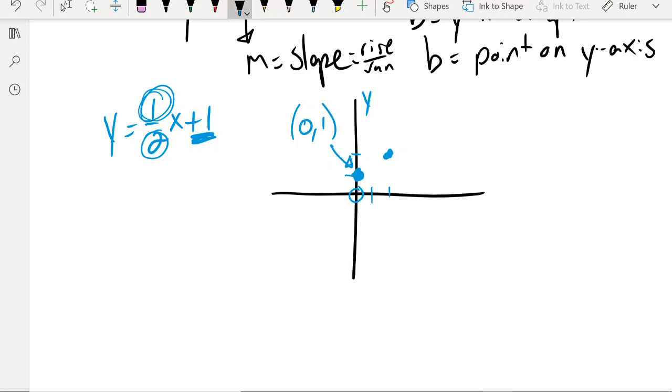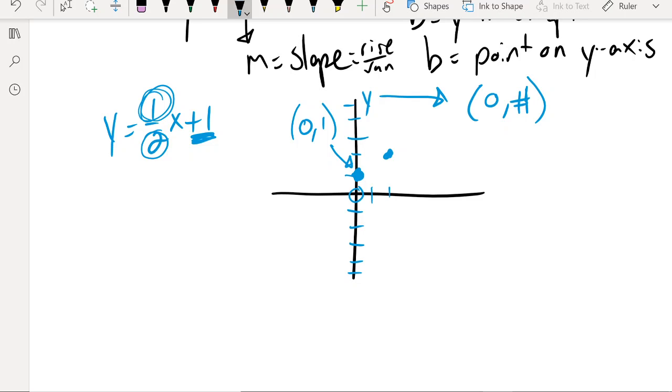Now, every point that's on the y-axis is going to be something comma something, more specifically 0, comma a number. Well, if every point on the y-axis is 0, comma something, that means that x is 0.